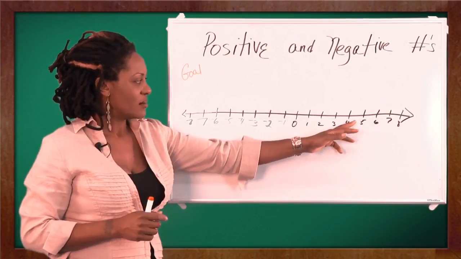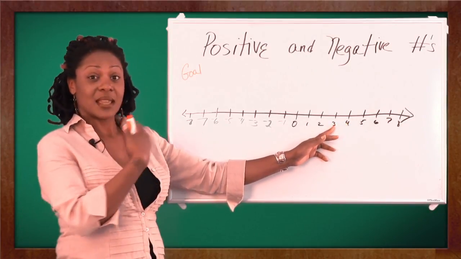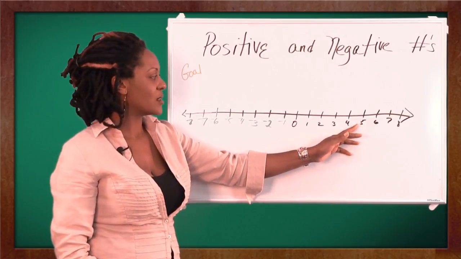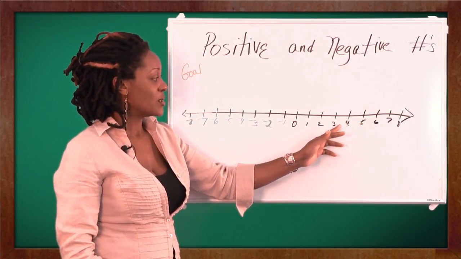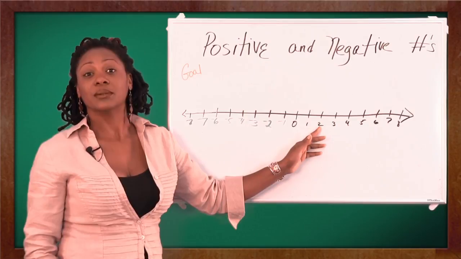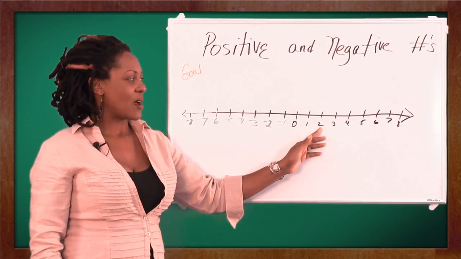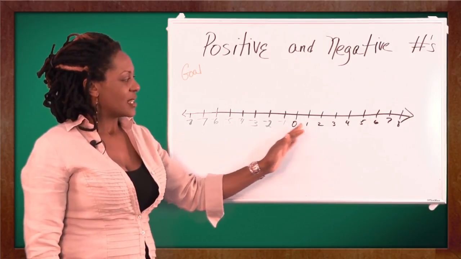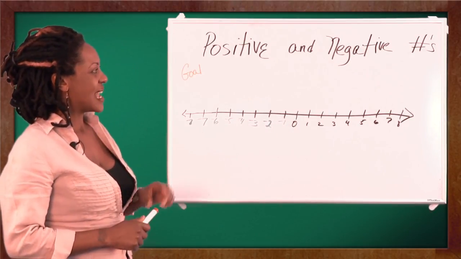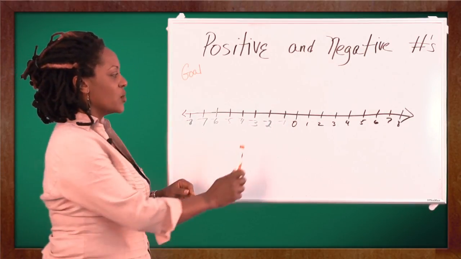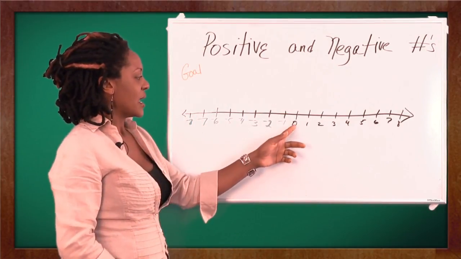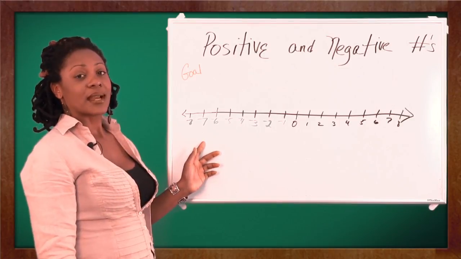You give me 1, 2, and 3, and now instead of owing me $5, you only owe me 2. So you get to visually see how that works when you have a number line. So again, let's really understand what's happening on the number line. Moving to the right, we have positive values adding to the number. Moving to the left, we're subtracting.